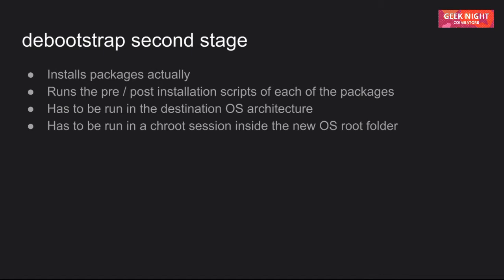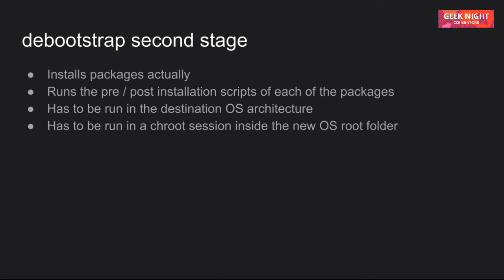What that means is, when the debootstrap command with the second stage argument runs, it should only see the new operating system's files and folders in the same path in which those files need to be present in the OS. If we are developing on another operating system, how do we make sure one of the processes sees the files in a different path? That's where a command called chroot comes in.